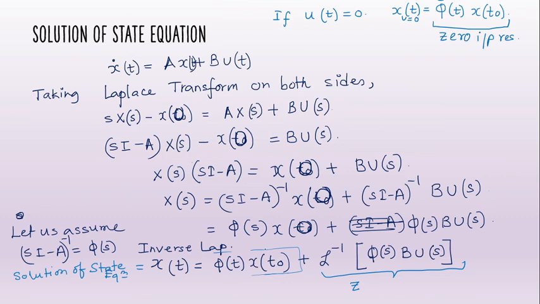If the state part is 0 and the solution depends only upon the input, that is called the zero state response. So if it is a homogeneous equation, after solving it we will get only this part. If it is a zero state system, we will get this part only. And if it is a non-homogeneous equation, we will get both parts. In this way, we can solve the state equation and get its solution.